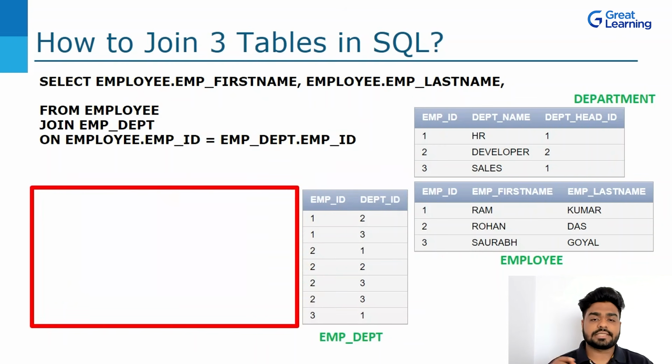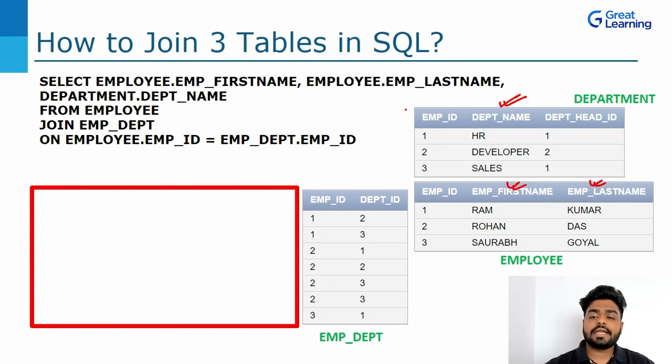Let's see what is next. Now select employee.employee first name, employee.employee last name from employee join employee department. These are all things we have done. Next I'm adding department.department name. Now I want the department name also in my result with first name and last name.